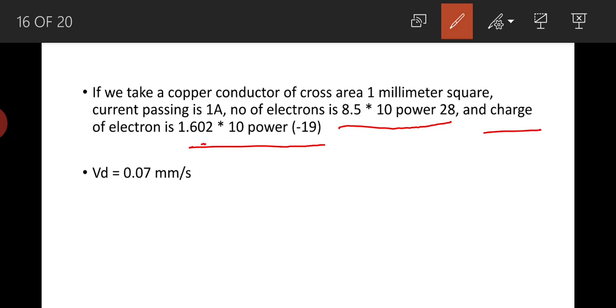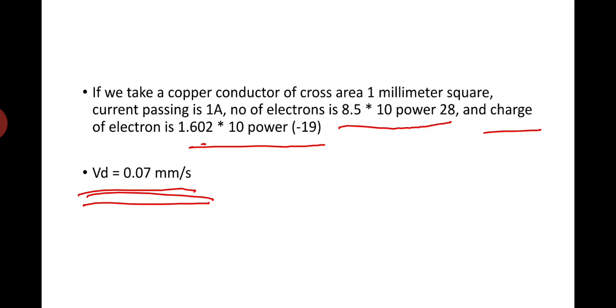By substituting all these values in the formula Vd = I/(nqA), we get the drift speed of electrons in a copper conductor when 1 ampere current is passed as 0.07 mm per second. When 1 ampere current is passed in a copper wire, the speed with which the electrons move is 0.07 mm per second.